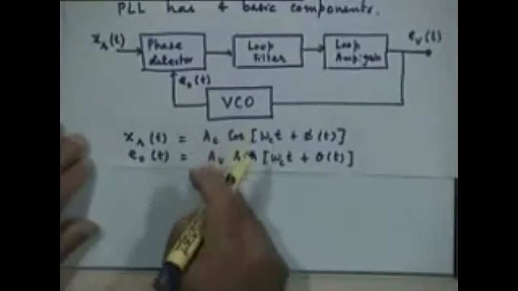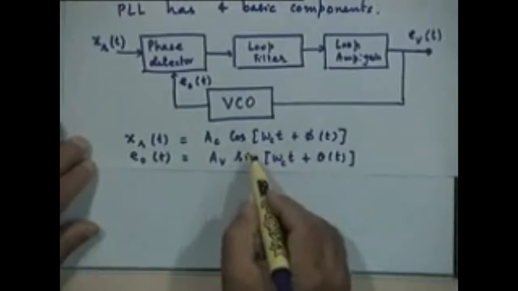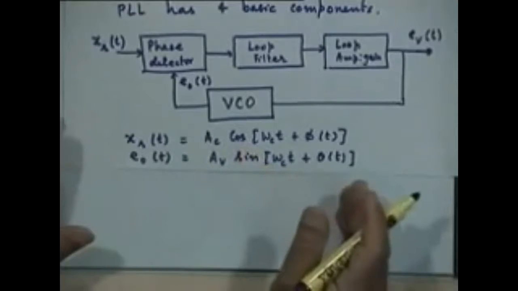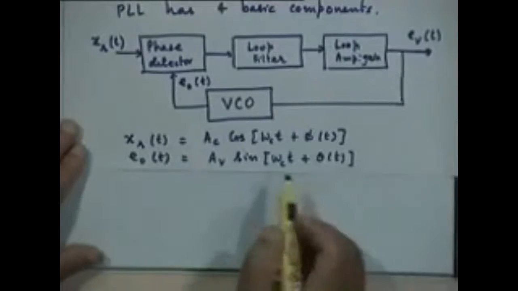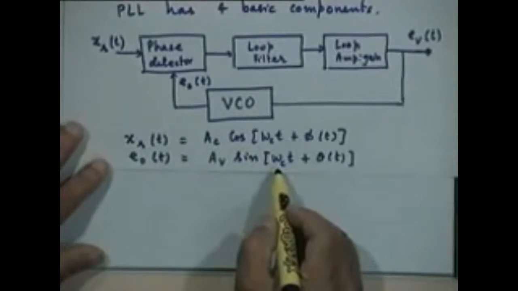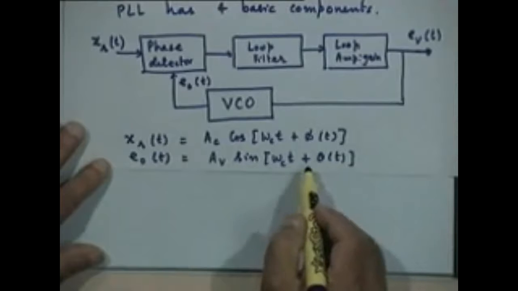When you multiply these two signals, you will get sine into cosine and you can split it into a sum frequency component and a difference frequency component, and the difference frequency component will be a low pass component.